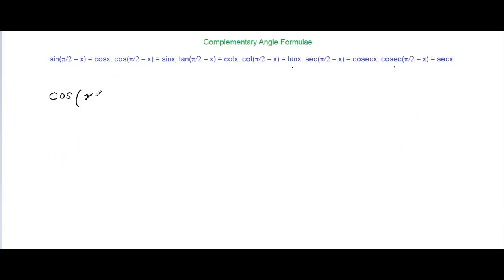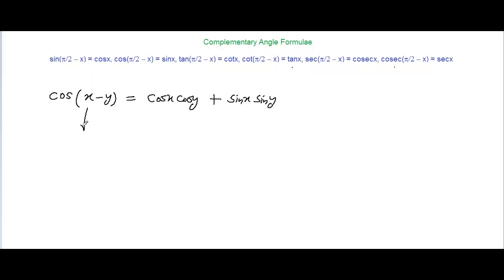One is cos of x minus y is equal to cos x cos y plus sin x sin y. And another formula we have proven, cos of x plus y, but we won't use it yet.